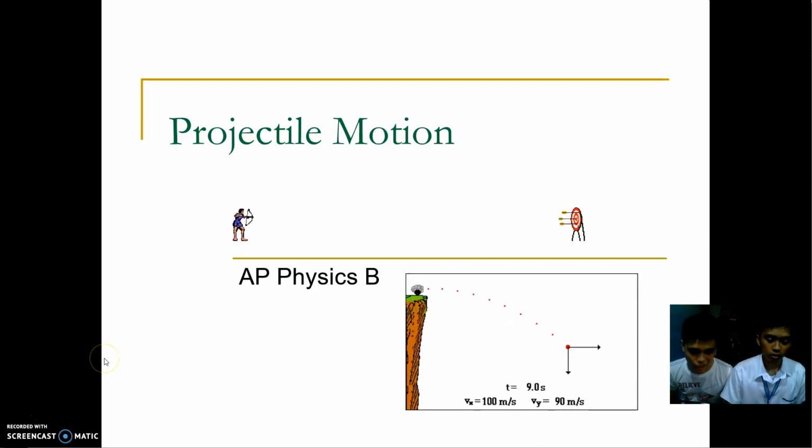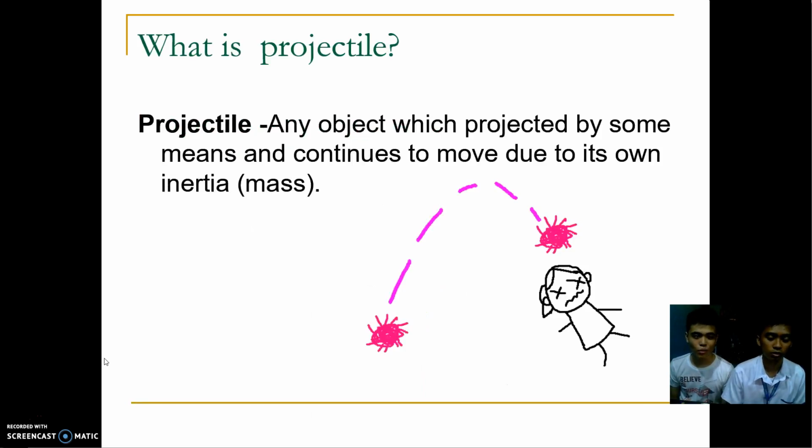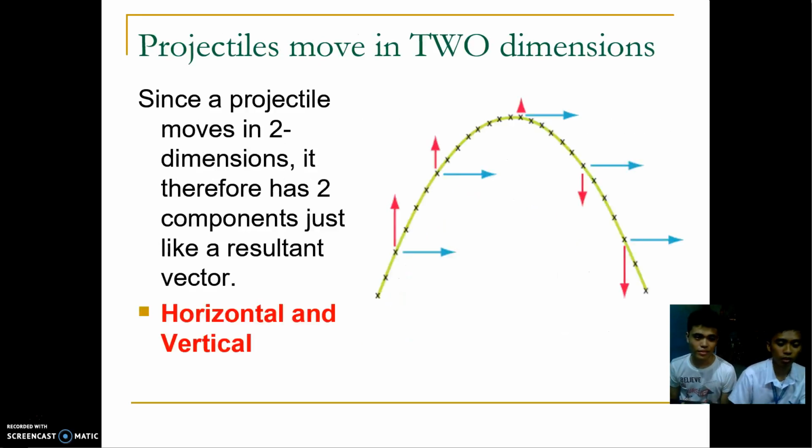So projectile motion. What is projectile motion? A projectile is any object which is projected by some means and continues to move due to its own inertia or mass. Projectiles move in two dimensions. Since a projectile moves in two dimensions, it therefore has two components, just like a resultant vector.